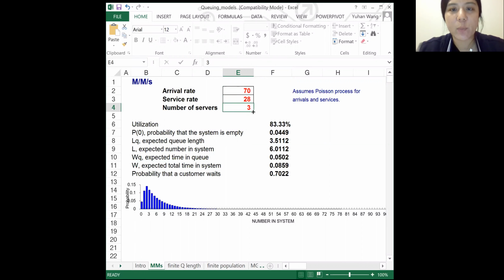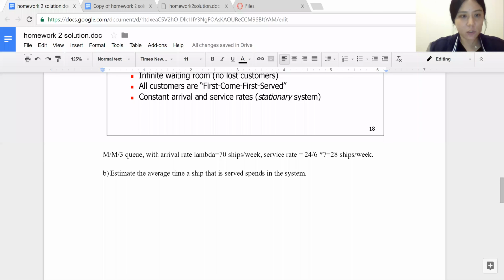So we put all these numbers here, and what we want is the expected total time in the system, and we got the answer here, 0.0859.